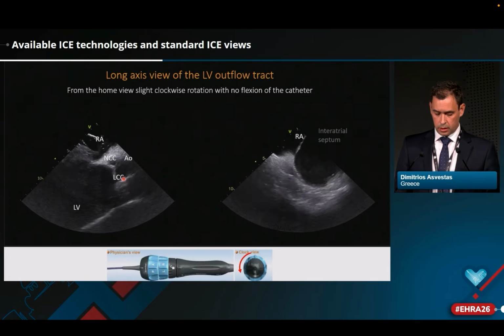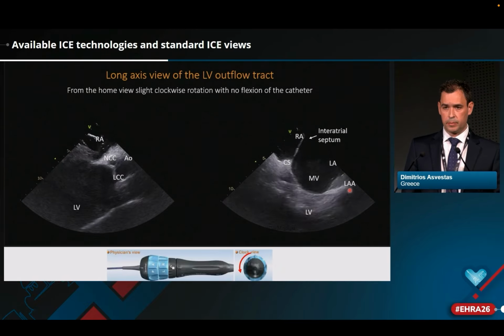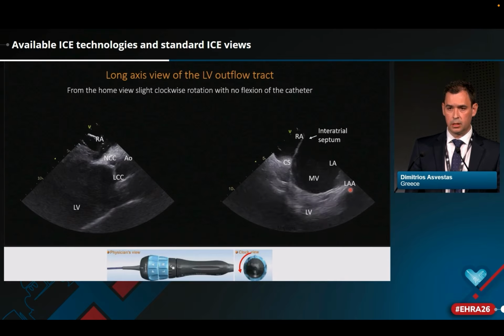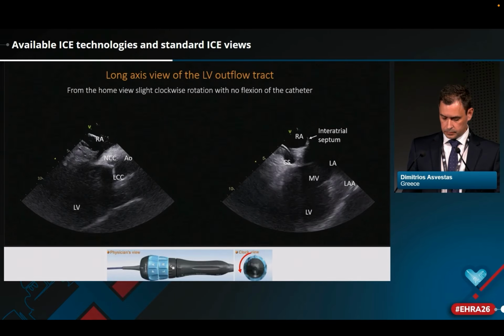More clockwise rotation shows the interatrial septum between the right atrium and the left atrium, shows the mitral valve and the left atrial appendage, which is displayed anteriorly, and the coronary sinus posteriorly.